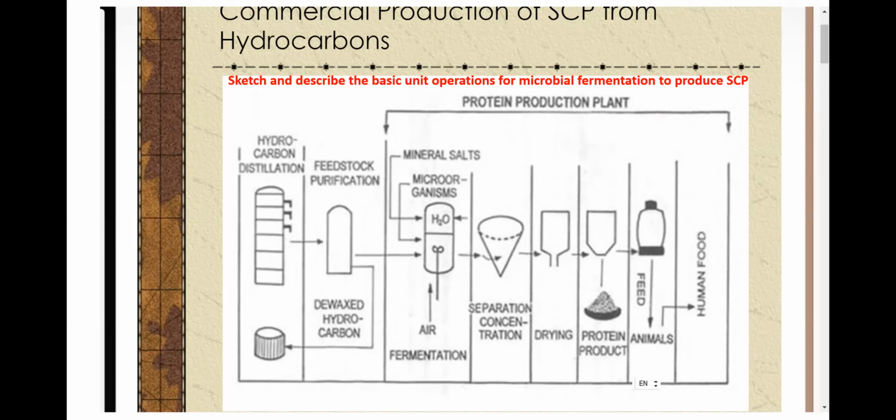At the same time, in the early years when it was first founded, SCP was used to grow more protein for animal or human consumption, because after the World War there was a food security problem. So this was one of the ways to supplement the diet with high protein.